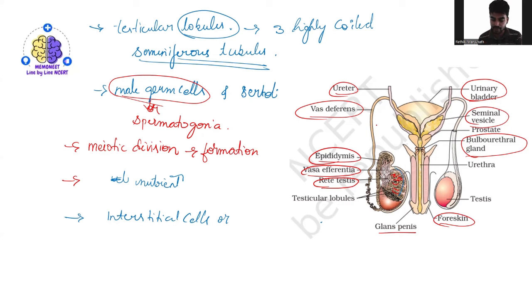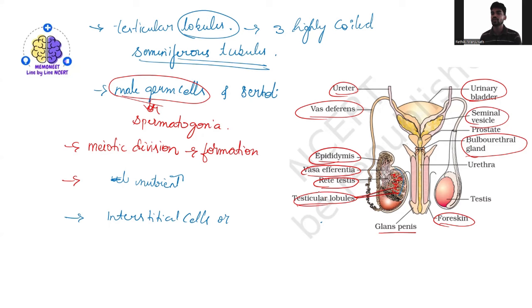These seminiferous tubules of the testis open into the vasa efferentia. Okay, so the seminiferous tubules which are present in the rete testis, they open to where? Vasa efferentia. So this is a very important thing.